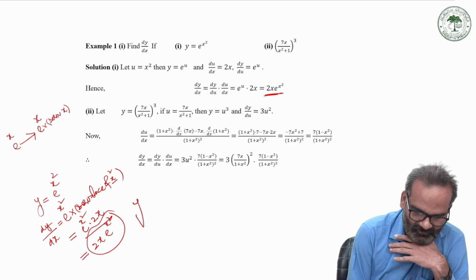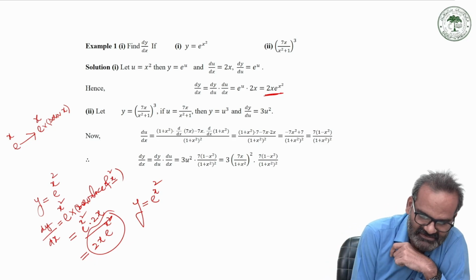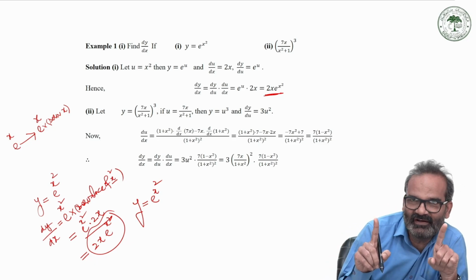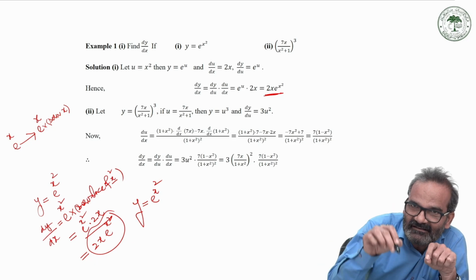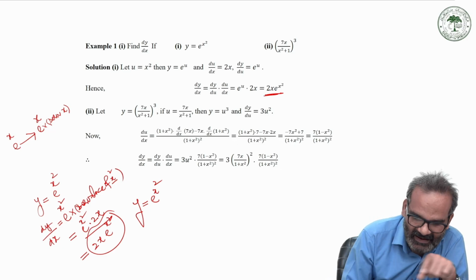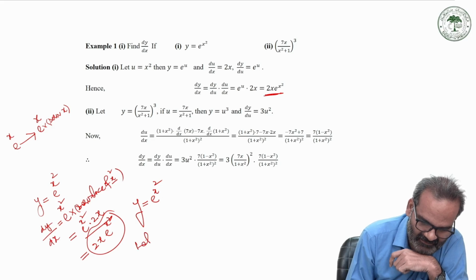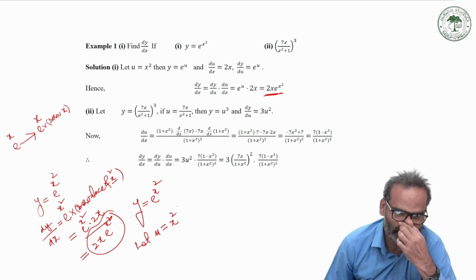See, y is equal to e raised to the power x square. Here, y is a function of x. We are having only two variables. We will insert a new variable, say u, in between x and y. And this can be done by taking, say, let u is equal to x square, right?